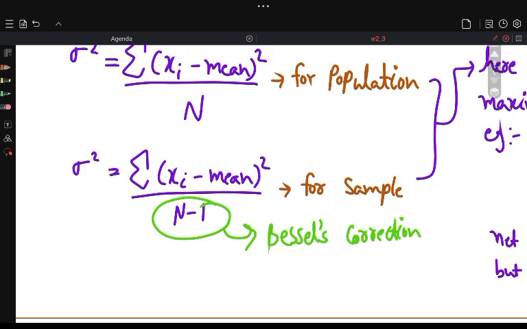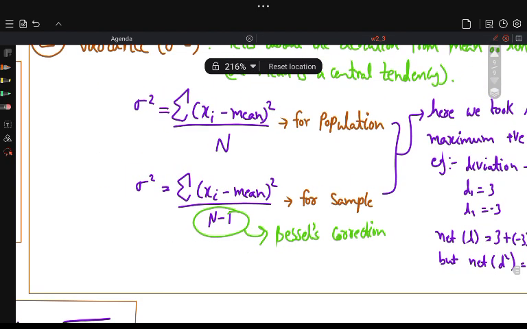When we transfer the data from sample to population, the value of variance slightly decreases. To overcome that, we added Bessel's correction, that is, subtracting 1 from the number of observations, which tends to minimize the error. This was the basic reason.